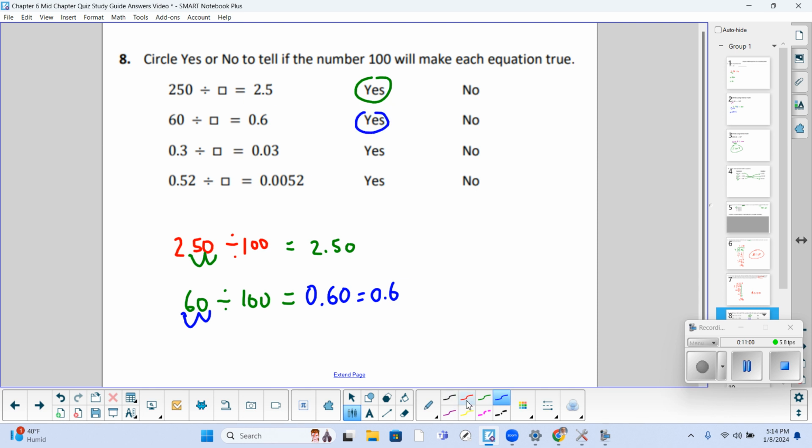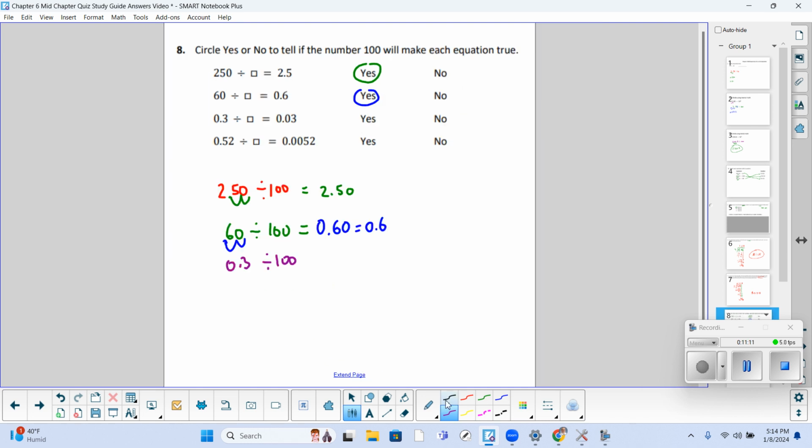Let's go to the next one in purple. 0.3, divide that by 100. Well, dividing by 100 means I have to move the decimal place 2 slots. So 1, 2. That means I have to add a 0 there. So I'm going to write underneath here.